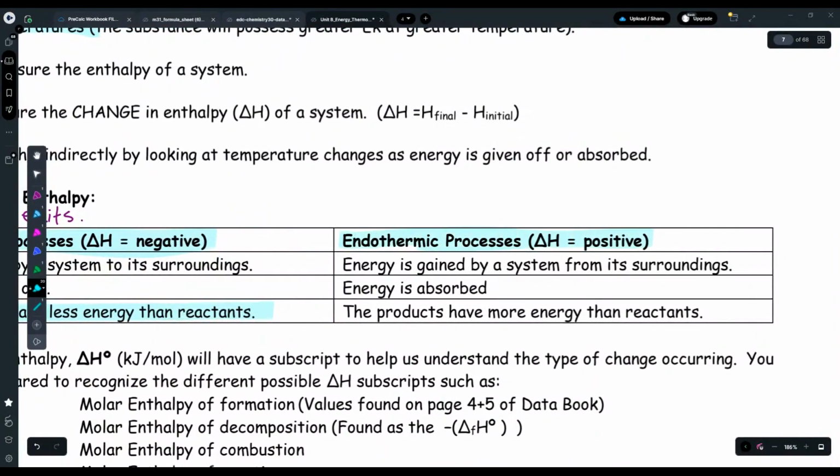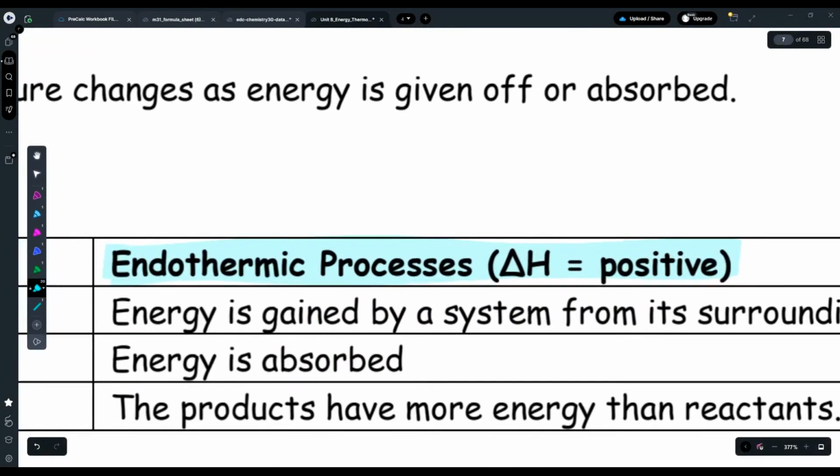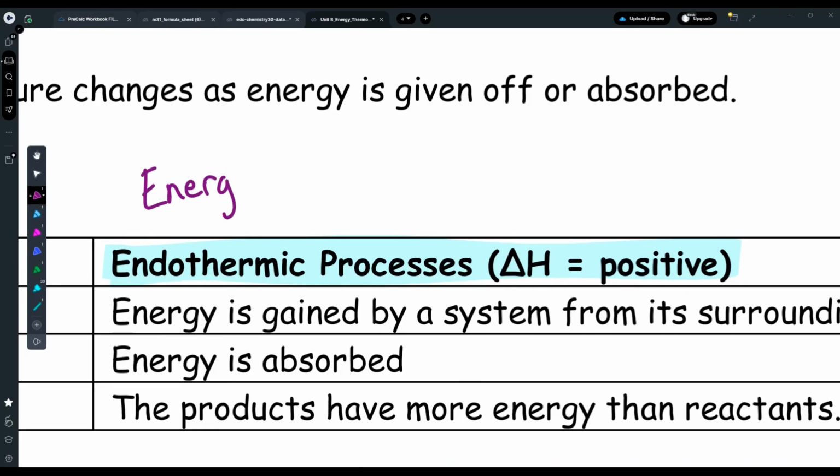Meanwhile, for endothermic processes, change in enthalpy is going to be positive. As a reminder, endo sounds like enter. Energy is entering the system. Since energy is entering the system, you could think of it as your system gaining energy, which makes sense why your change in enthalpy is going to be positive.